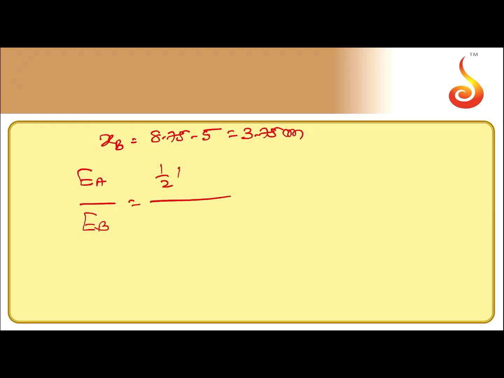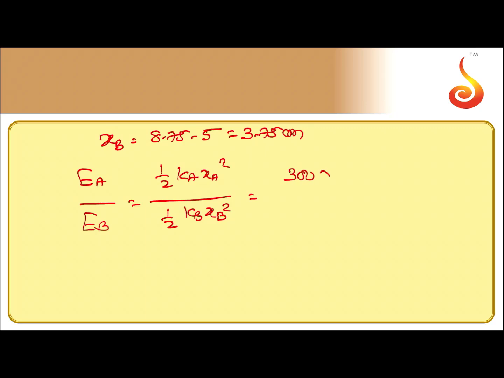So once I get the value of x, how do I proceed? The energy. To get the energy, I also need the value of xB, which is 8.75 minus 5, which is 3.75 centimeter. Now energy of A divided by energy of B is half KA xA square by half KB xB square.